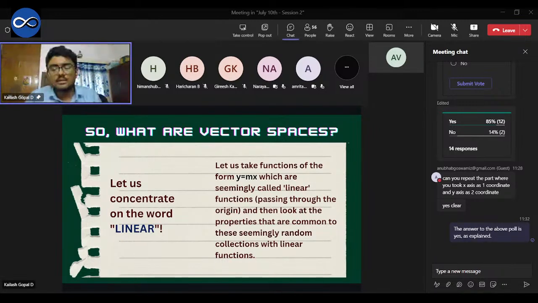I'm not very sure about the history, but I think I can convince you that someone could come up with the entire idea of vector spaces through this basic idea. So we are assuming y equals mx to be a linear space, and we're going to look at the properties between these vectors and all the abstract things we talked about.